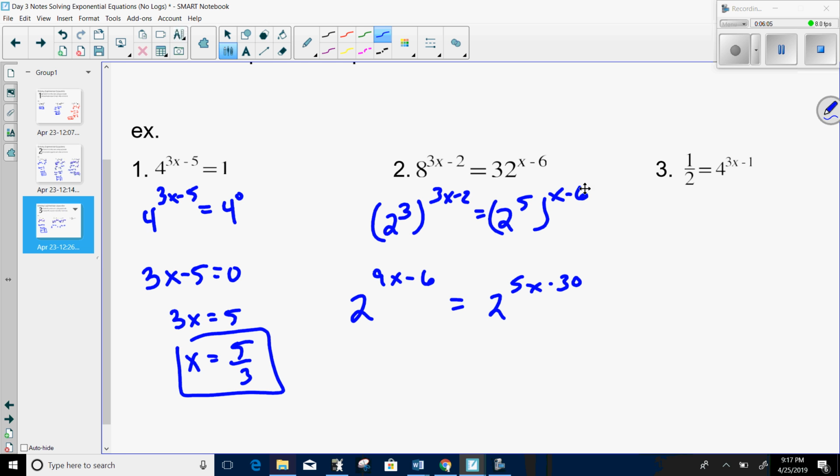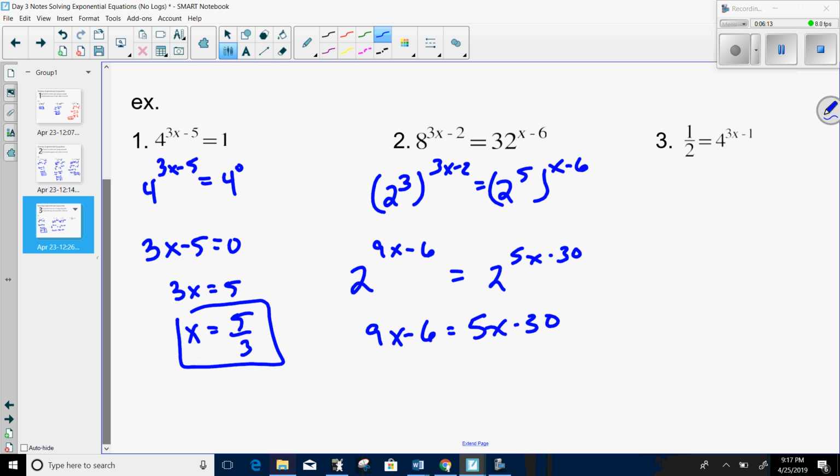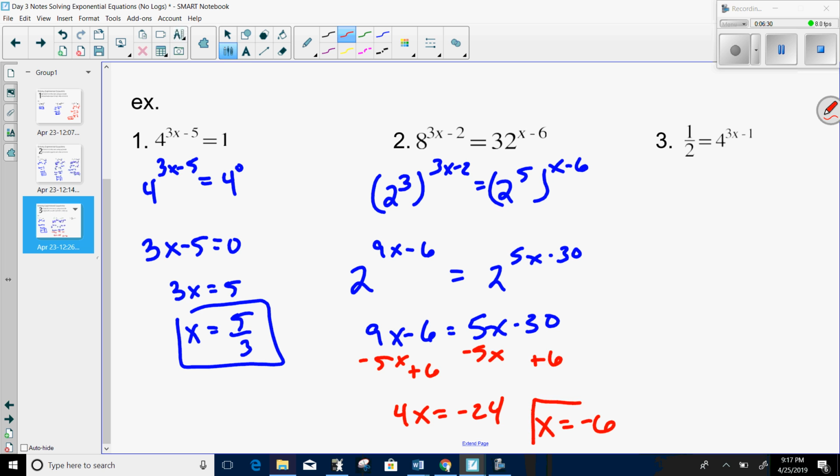Distribute that 5 in, distribute the 3 in. Set your exponents equal to each other and solve that equation. So what I'm going to do is add 6 to both sides by moving the 6 to the right, and I'm going to move the 5x to the left, and I'm going to get 4x equals negative 24. Divide by 4, and I'm going to get x equals negative 6.